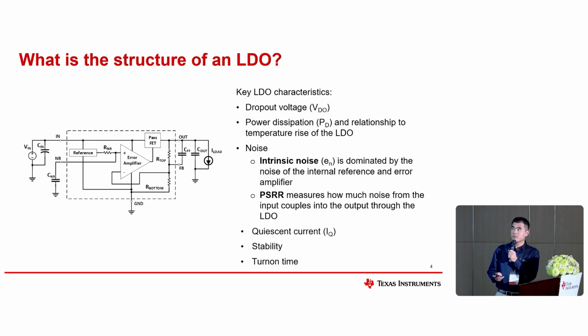The error amplifier compares the output voltage with the reference, magnifies the difference, and regulates the output voltage as we expect. For the feedback resistor, most LDOs integrate this, but for some LDOs you can also adjust the feedback externally.